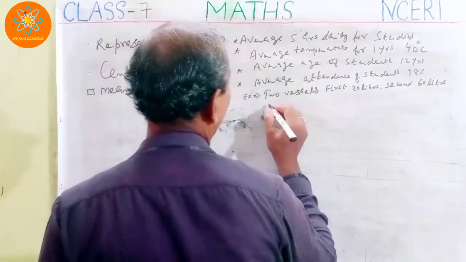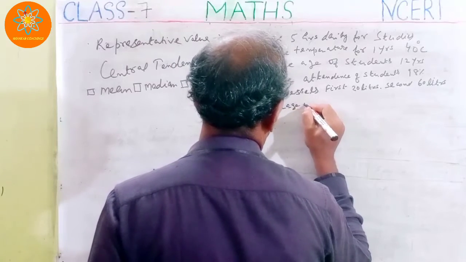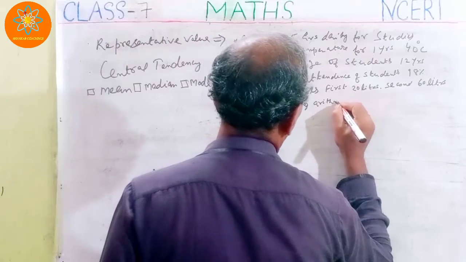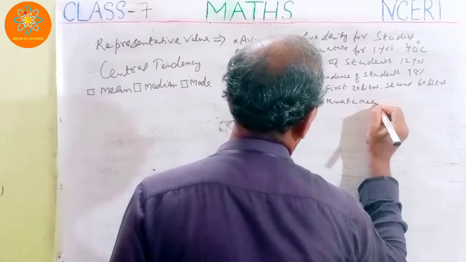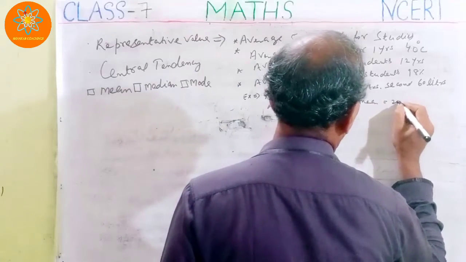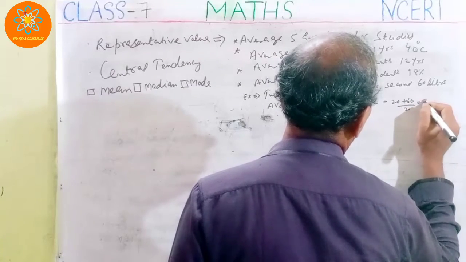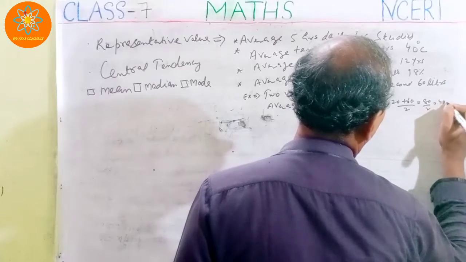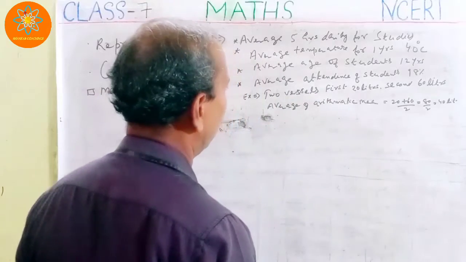Average or arithmetic mean is how much? This is your 20 plus 60 divided by 2. So it is 80 by 2, that is nothing but 40 liters.